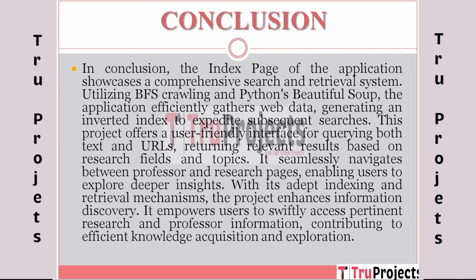It allows visitors to discover deeper insights by navigating between professor and research pages without any noticeable delays. The project improves information discovery thanks to its proficient indexing and retrieval algorithms. It gives users the ability to quickly access relevant research and academic data, which promotes effective knowledge acquisition and exploration.